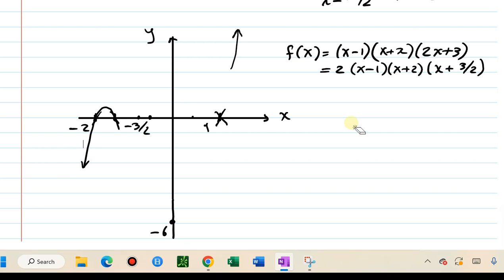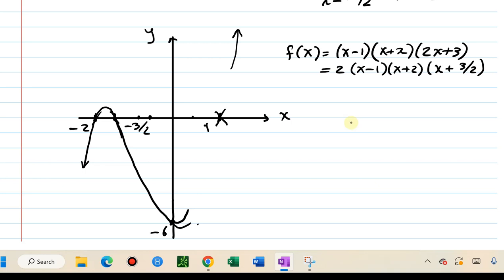Now let's take a look at this, which was at -3/2. And then it's got to go through -6, right? So it's going to have to come down, go through -6, and maybe return. Now, whether it exactly turns at -6, or just below -6 like that, or up there, we don't know. And it doesn't matter in this course unless you want to plot some points.